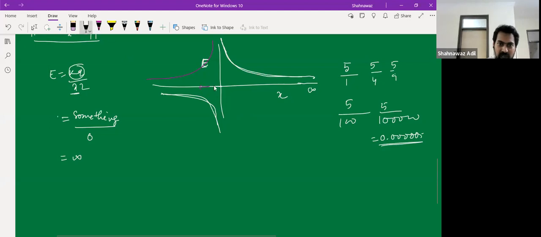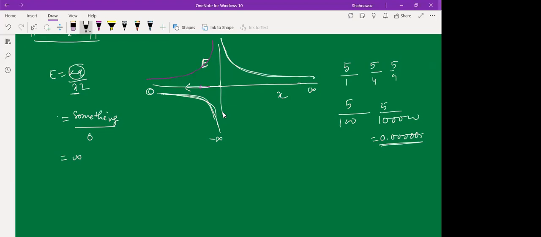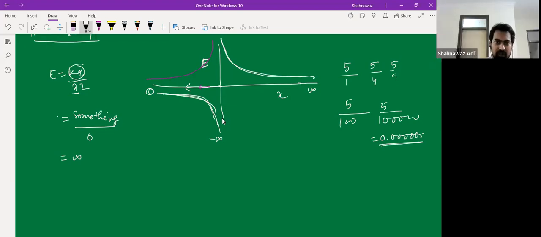The direction of the electric field will be in this direction, the negative direction. So that's why the field variation would be like this. This will go to minus infinity, and when you go to minus infinity, this will reach zero. Clear, everybody? Yes, sir.